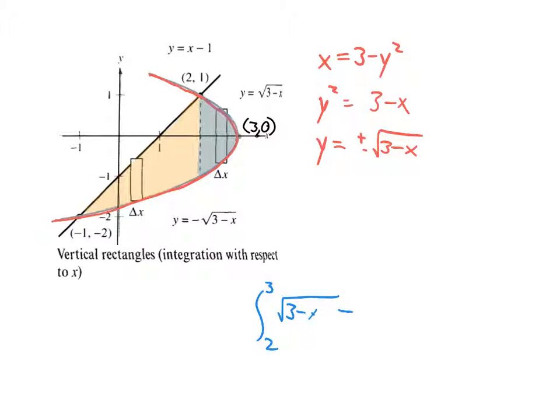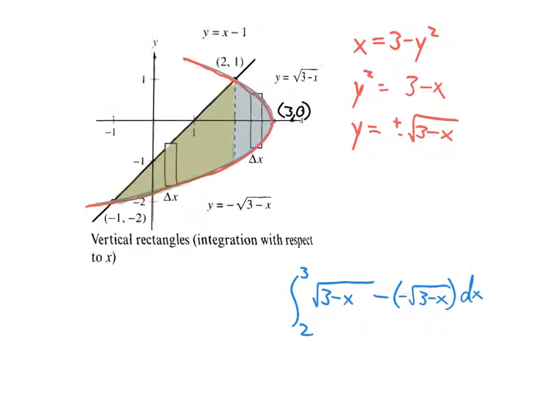So to find that, we would have to take the integral from 2 to 3 of radical 3 minus x minus the negative radical of 3 minus x. You see that? That's just that blue part. Okay? Then if you look at the rest of this area that we want over here, we are between the line and the negative radical 3 minus x, right?